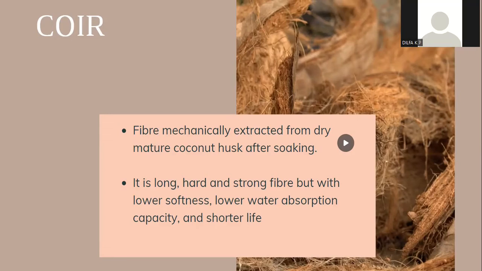It is a long, hard, strong fiber, but with lower softness, lower water absorbency, and shorter life. So coir is not very popular as a fabric material, but it is widely used to make rugs, carpets, etc. So that is why we are not going to go into the details of coir.